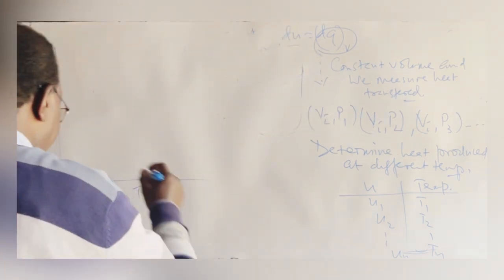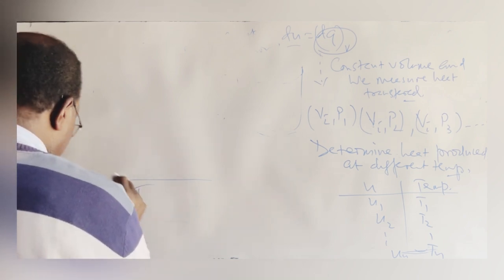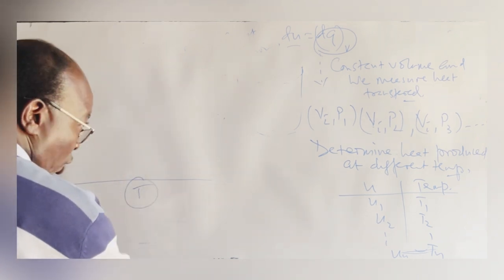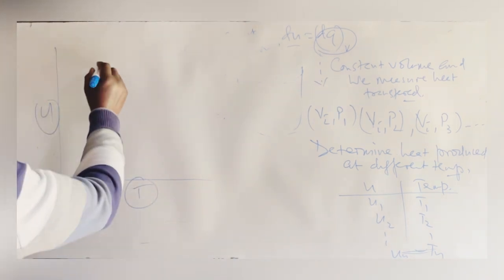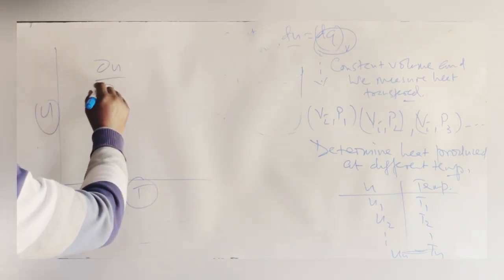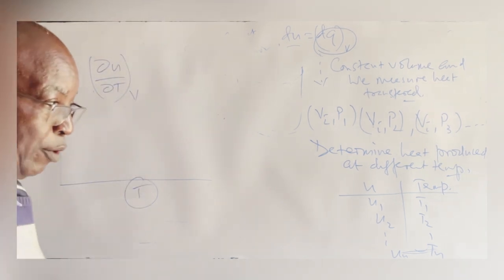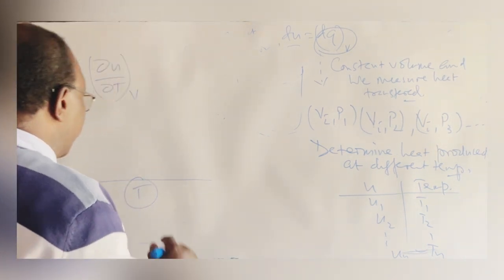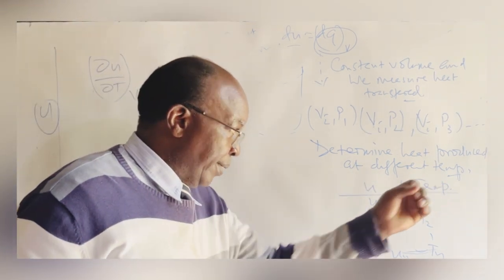And so whatever you get for U versus temperature from this particular system, also compute the slopes. You compute how U changes with temperature under constant volume. So you have obtained your values for U versus temperature.